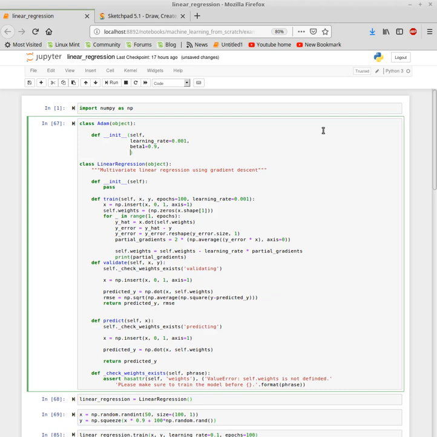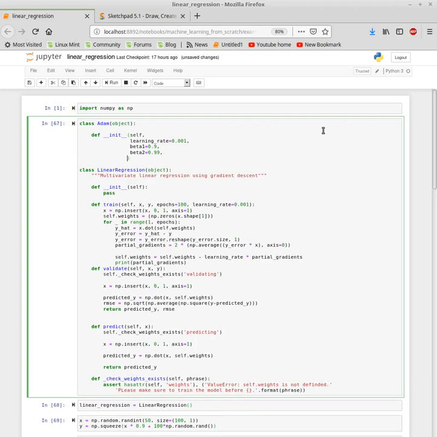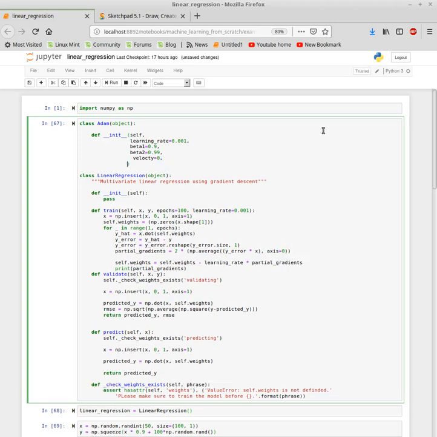Then we will create a call method and create a variable called self.velocity. So beta 1, so beta 2. This is for the RMS prop, where you divide your gradient by the square root of the squared value. Velocity equals 0. We'll initialize the velocity to 0.